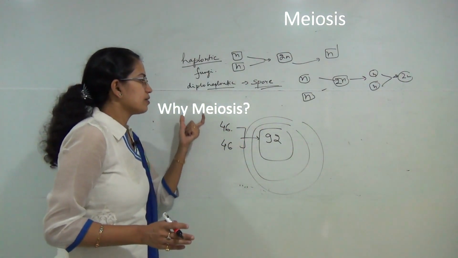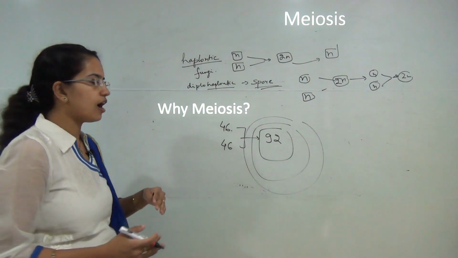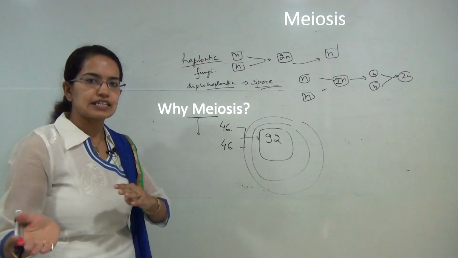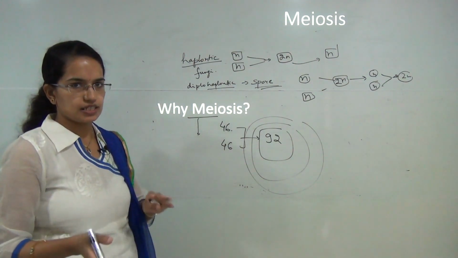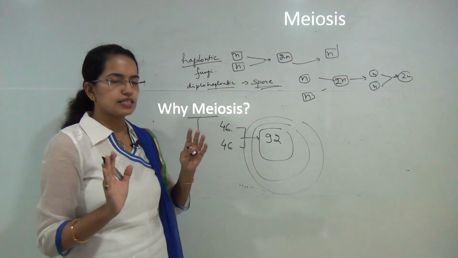So therefore meiosis is important, which reduces the number of chromosomes to half and therefore makes it feasible for the next generation to carry the same number of chromosomes as the parent generation has. So that is the basic idea why we understand meiosis.